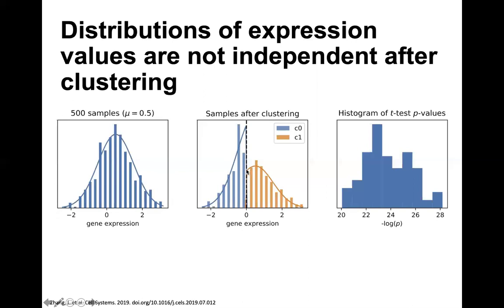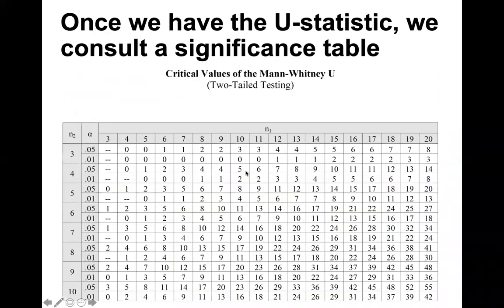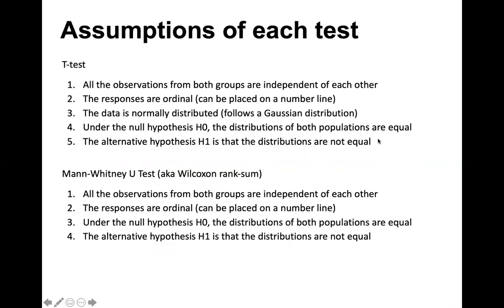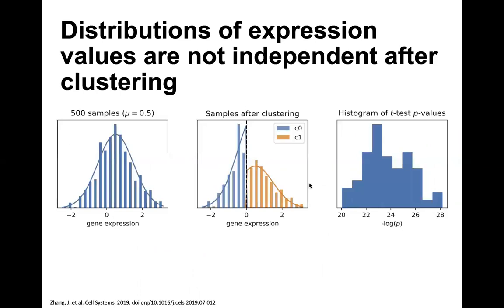By definition, because you're partitioning the data into high and low, just like we were doing here, in order to get these two clusters, we've now enforced a model where the data is no longer independent. Because of that, the p-values tend to be artificially inflated. This is just a histogram of statistics for the t-test, but for basically any different test you do, the p-values are inflated.